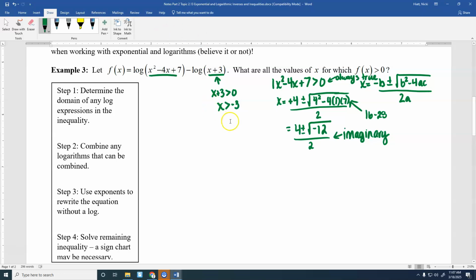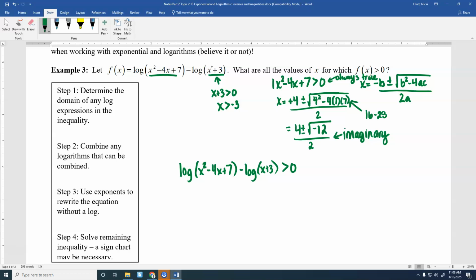So I know my answers have to be greater than negative 3, but that doesn't mean that's the answer. I'm looking for where log of x squared minus 4x plus 7 minus log of x plus 3 is greater than 0.